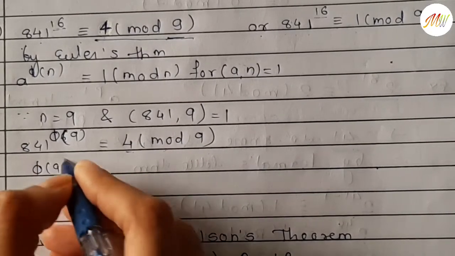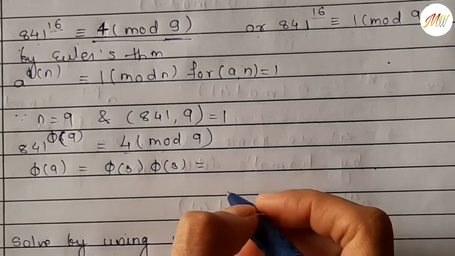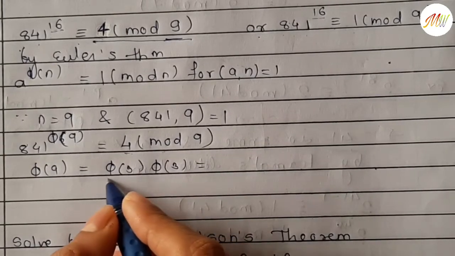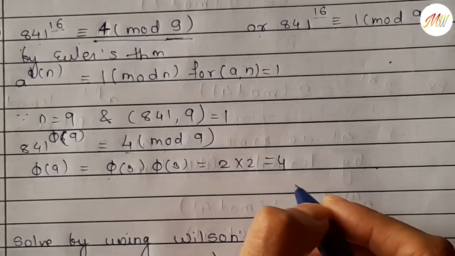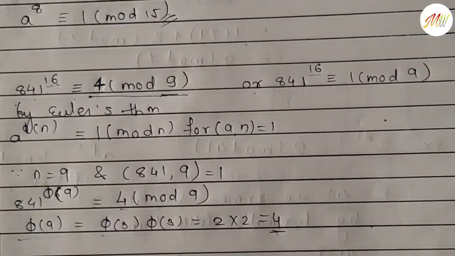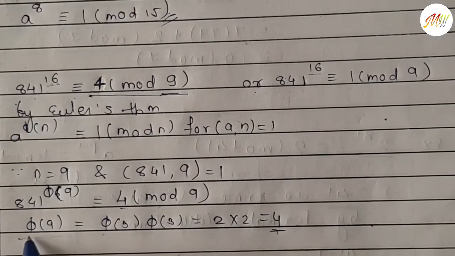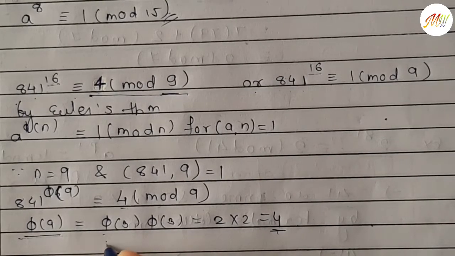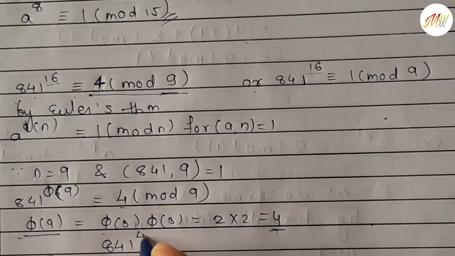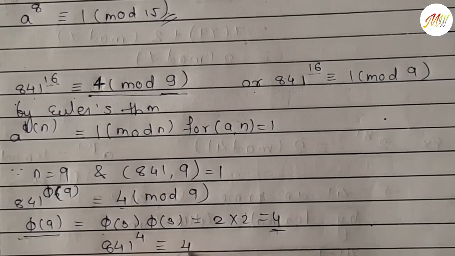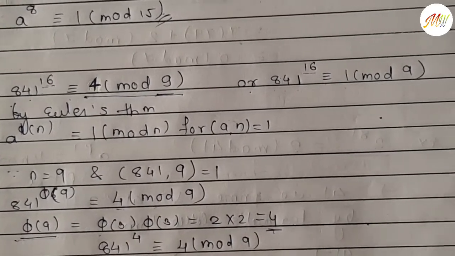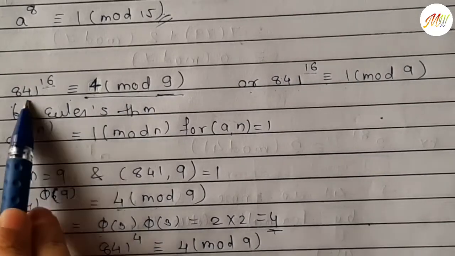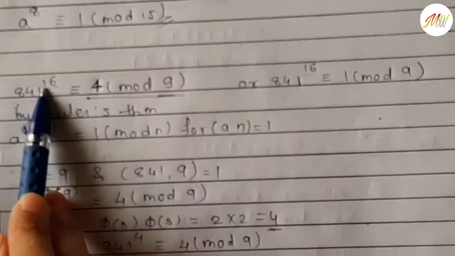Now phi of 9, in the last example we have seen phi of 3 is 2, so 2 into 2 is 4. Okay, so here we get the value of phi of 9, so we write 841 to the power 4 is congruent to 4 mod 9. Okay, now if you see, here we have 841 to the power 16.